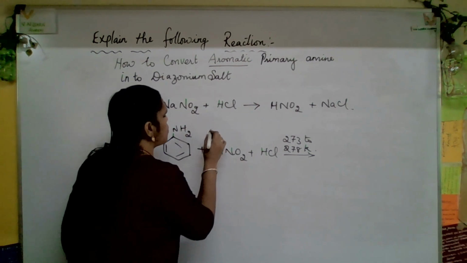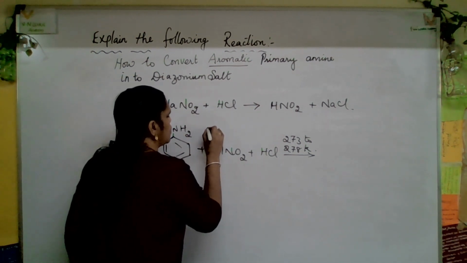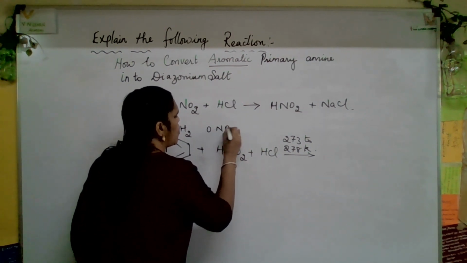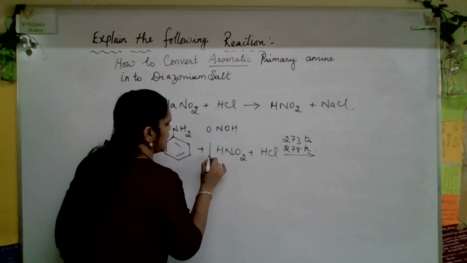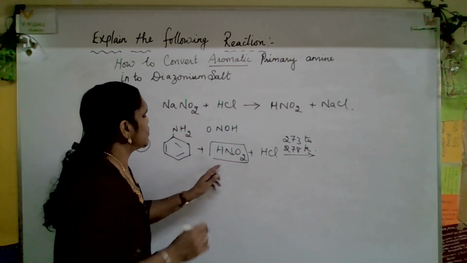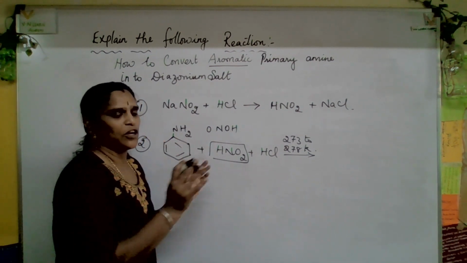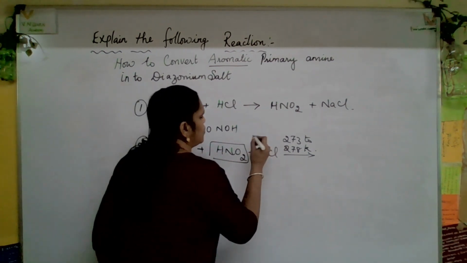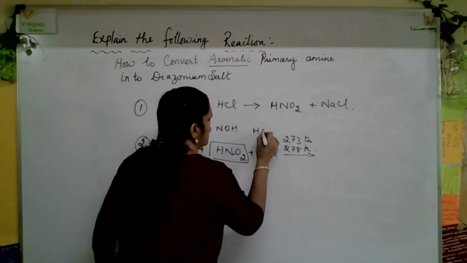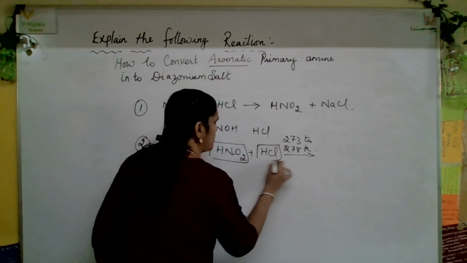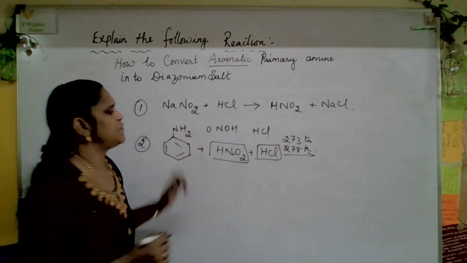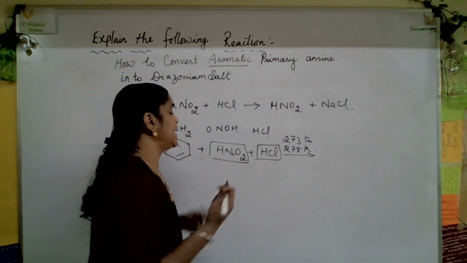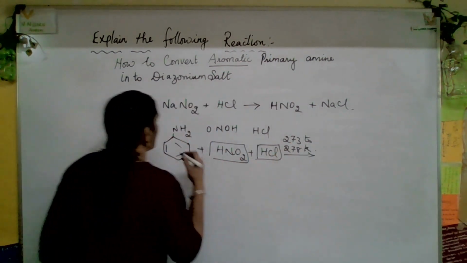Here is one small rearrangement for the ONOH. I just put it this way so you get the idea. Now here HCl, the same compound only. Now the reaction takes place.